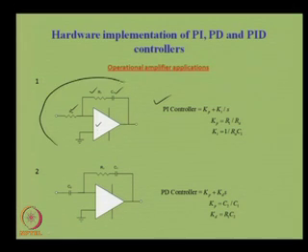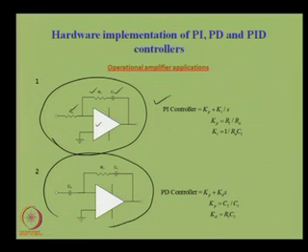This gives us the hardware realization of a PI controller, whereas the bottom one can be made use of for the design of PD controller based on the op amp, resistor, capacitor and capacitor.